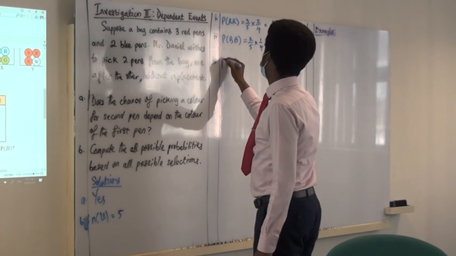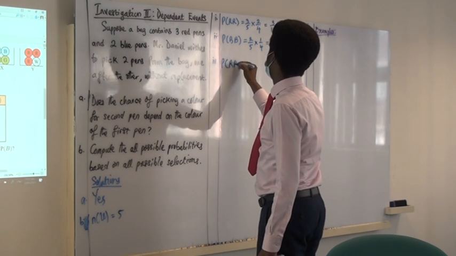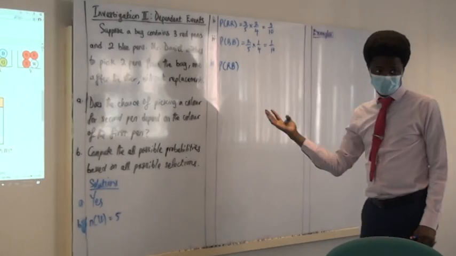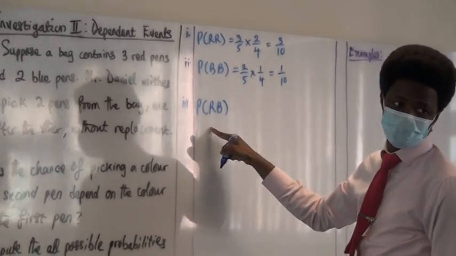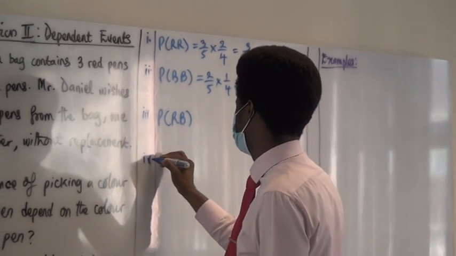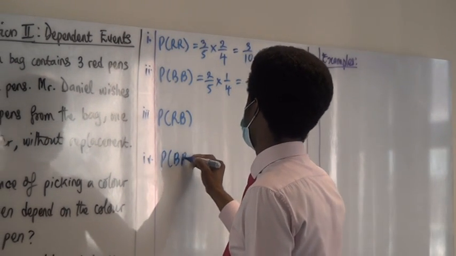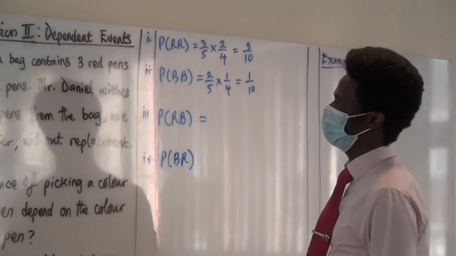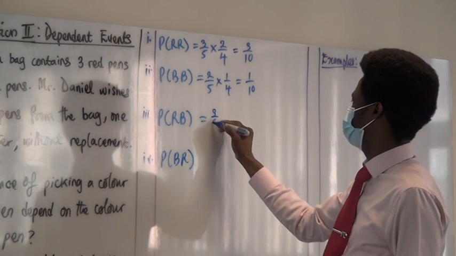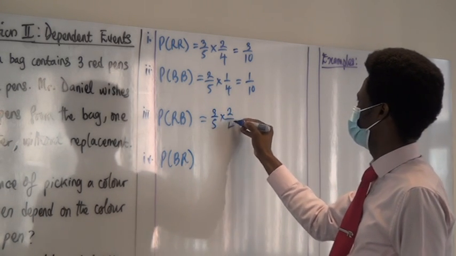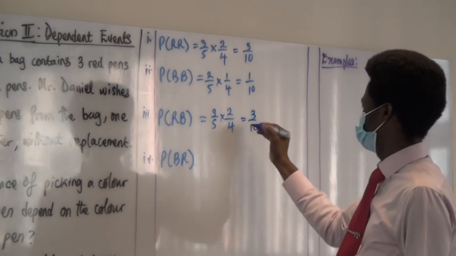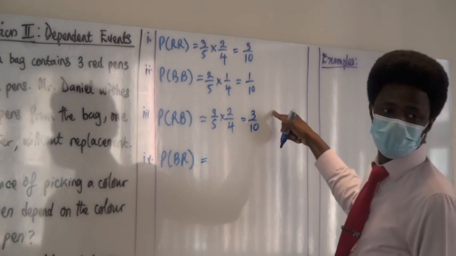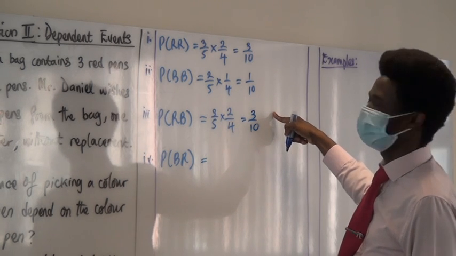Three, I could pick 1 red and 1 blue in any order. So it could be red first before blue, or blue first before red. This is another scenario. So if I pick red first, 3 over 5, then blue, 2 over 4, then I get 3 over 10. It's just a coincidence.